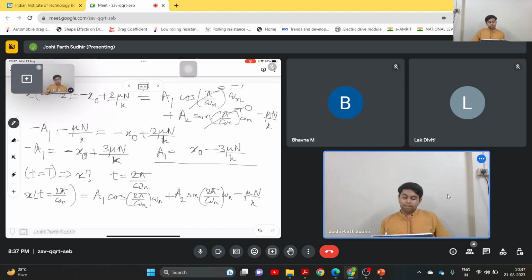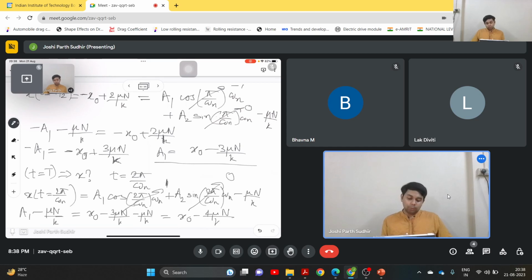So here this term is equal to 0 and A1 we have already calculated, and cos of 2 pi is equal to 1 and sine of 2 pi is equal to 0. So A1 minus mu n by k, which is basically x naught minus 3 mu n by k minus mu n by k, which is x naught minus 4 mu n by k.